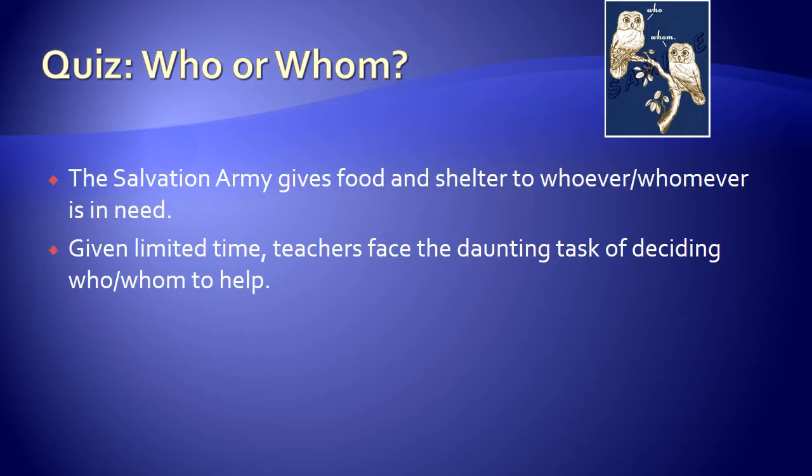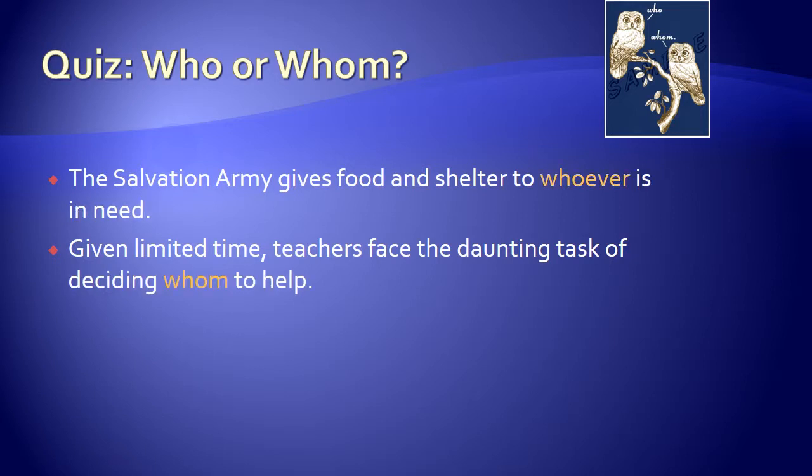Who or whom? The Salvation Army gives food and shelter to whoever or whomever is in need. Given limited time, teachers face the daunting task of deciding who or whom to help. Which is correct? These two sentences, as the last two in the quiz, present two tricky situations. First, the Salvation Army gives food and shelter to whoever is in need.